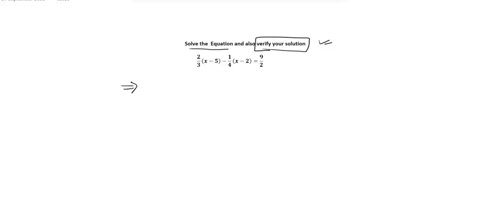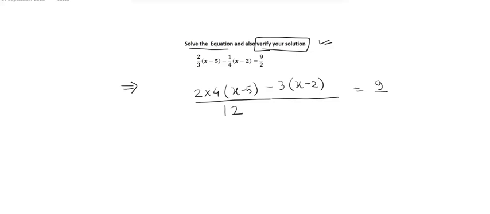It implies take the LCM, so the LCM is 12. Here 3 divided by, so 2 multiply 4 in bracket x minus 5, and here you multiply minus 3 in bracket x minus 2 is equal to 9 by 2.